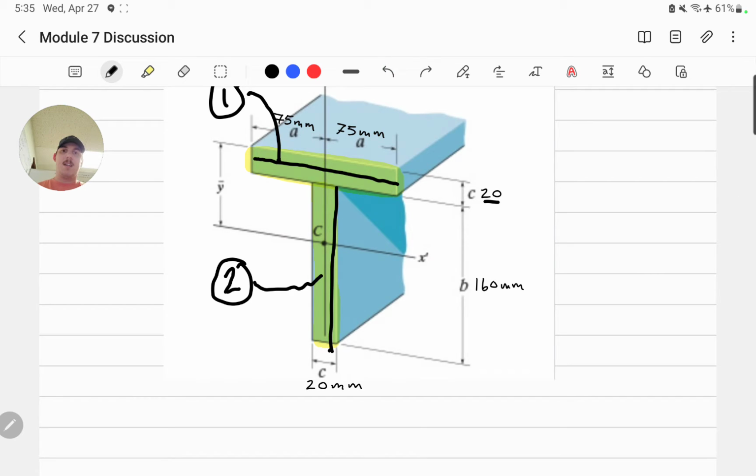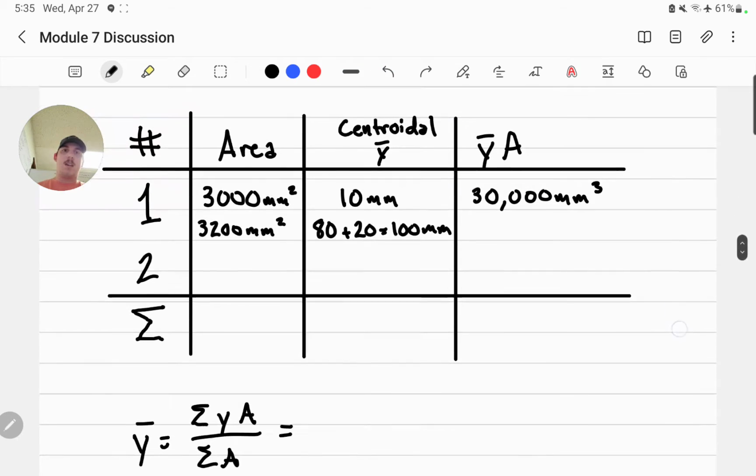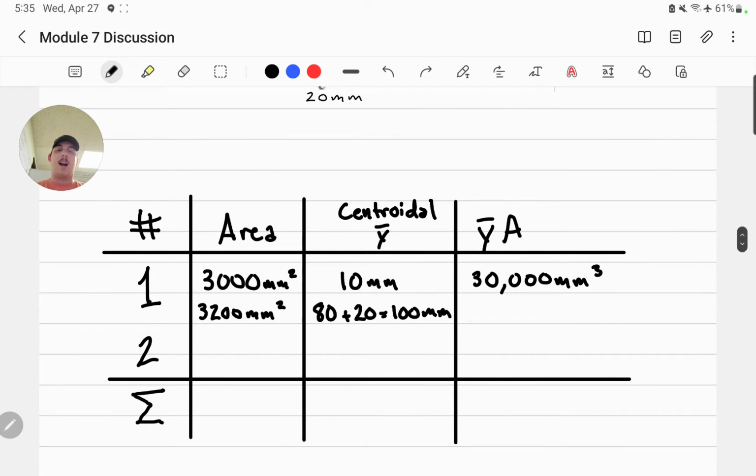Next, I multiply 100 by 3,200, and that gives me 320,000 millimeters cubed.